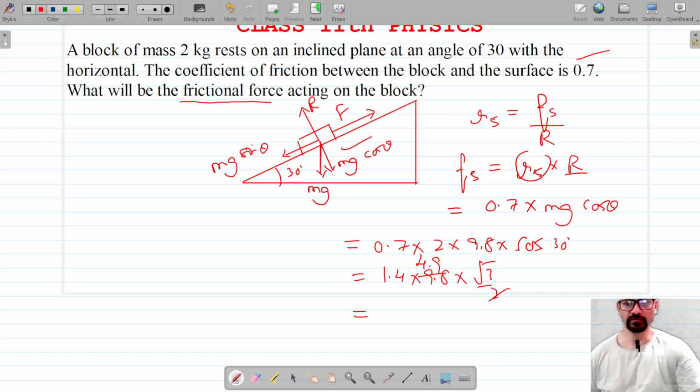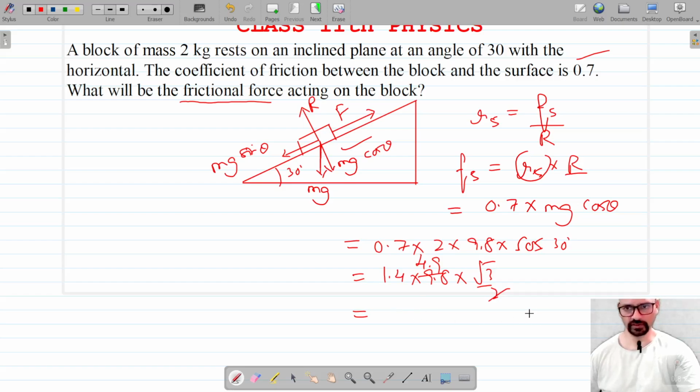So if we calculate these values, this is 1.4 into 4.9 into the value of root 3, which is 1.732. That should give me 11.88152.